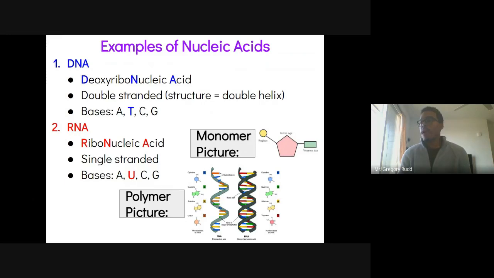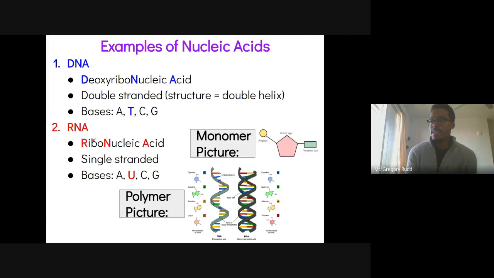So here are the two primary examples of nucleic acids, DNA and RNA. DNA stands for deoxyribonucleic acid. RNA stands for ribonucleic acid. The difference here is that DNA is deoxy.